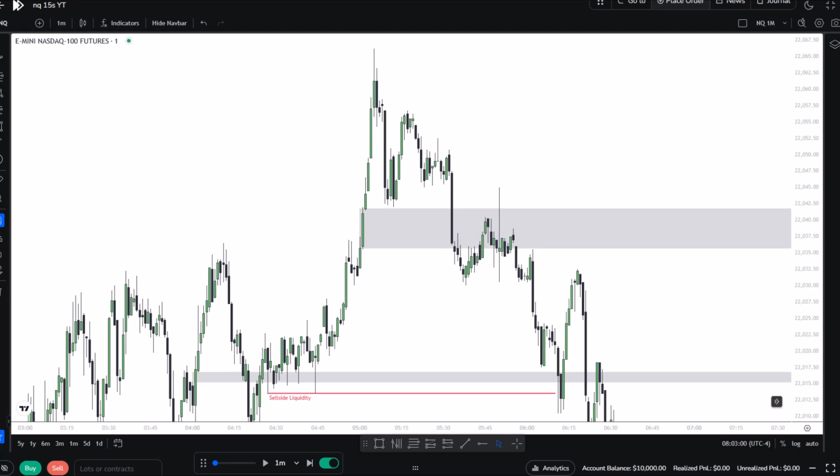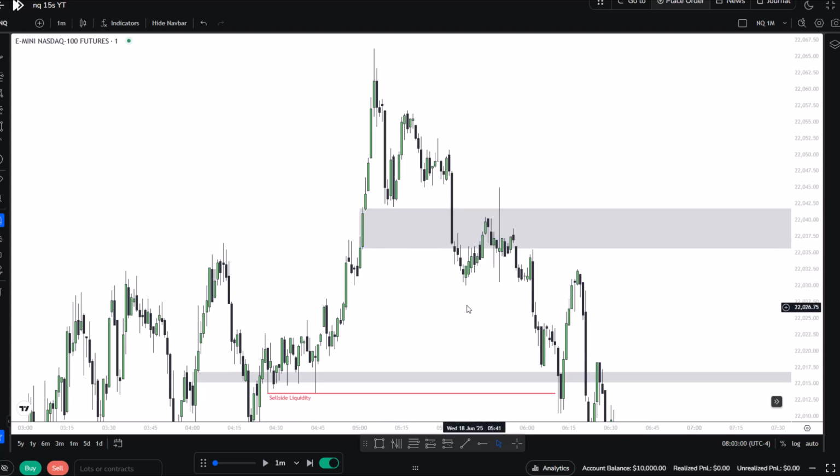I already plotted these same gaps, but we're going to explore the 15-second chart and how you can use that to find further confluence, to increase your risk to return, and refine your trades. So without further ado, let's get to it.